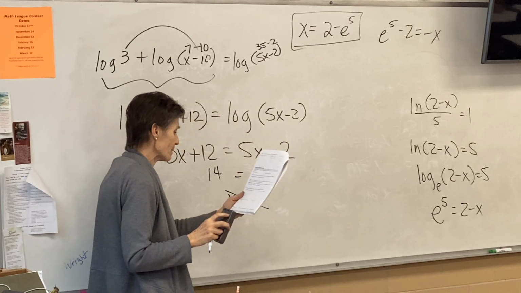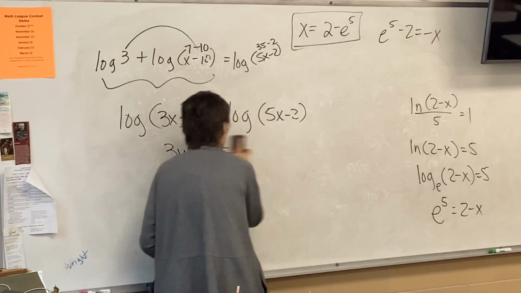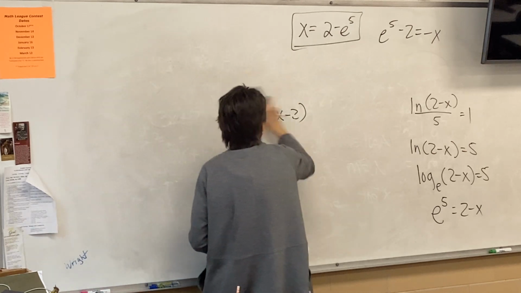Every single one of them has more than one logarithm on a side, so you want to do your combining first. You have to combine your logarithms first.